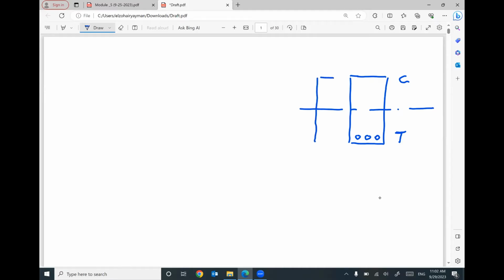Just to give you a reminder, previously, this is the typical cross-section for reinforced concrete. Your cross-section will have reinforcement only on the tension side, and for the compression side, concrete will be enough. In this case, your concrete is under compression with a stress block, looks like this, with depth a, and we have another depth for the neutral axis called c, and this c equals beta 1 times a.